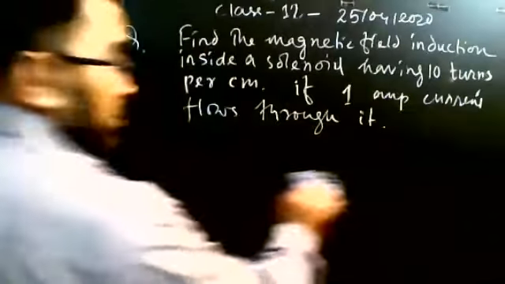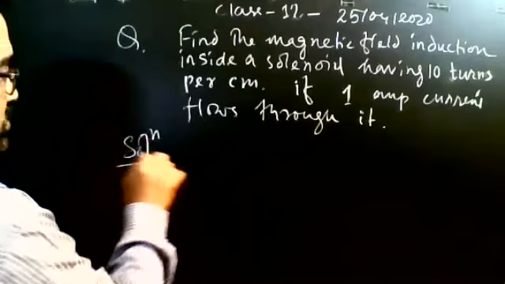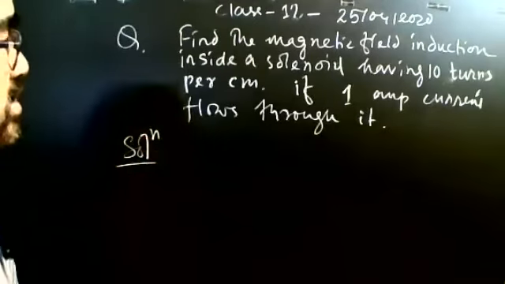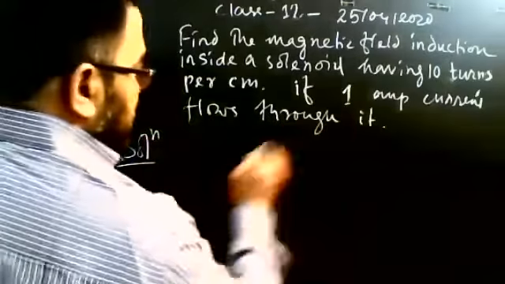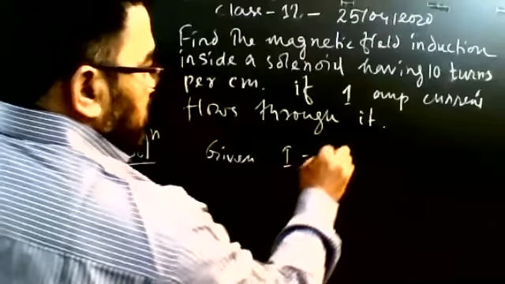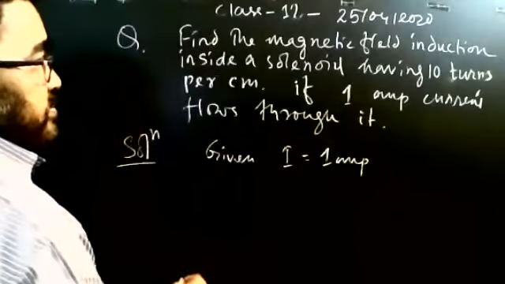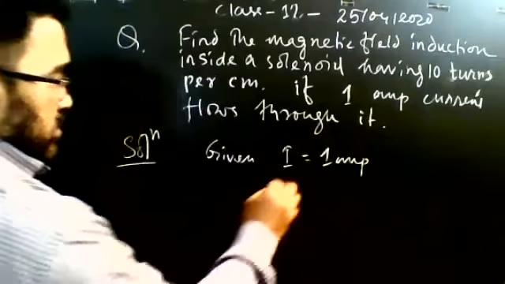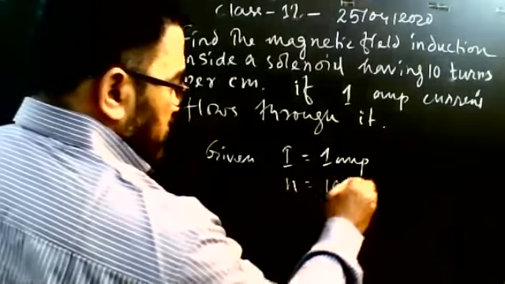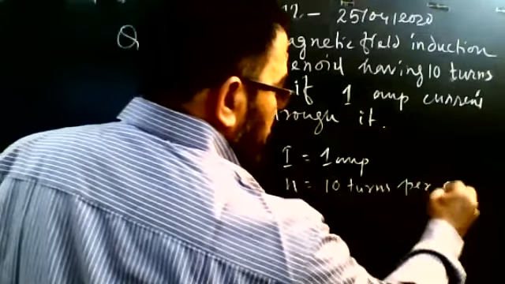If you get this type of question, you have to find out what values are given to you. Given: I is equal to 1 ampere, small n is equal to 10 turns per centimeter.